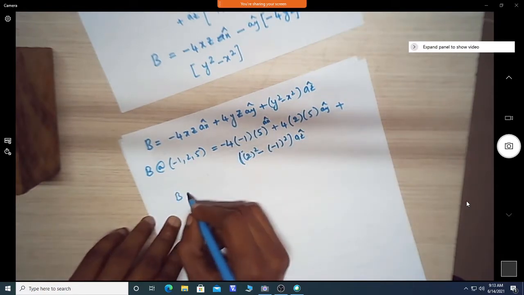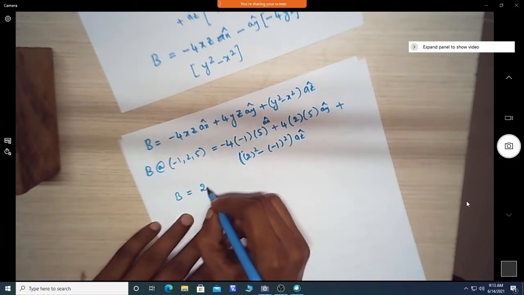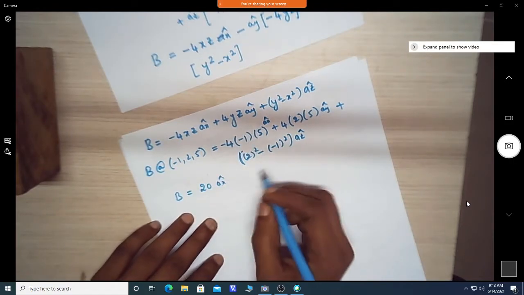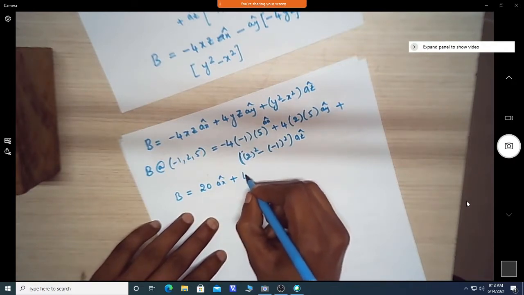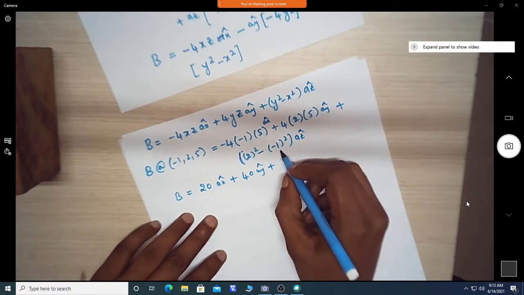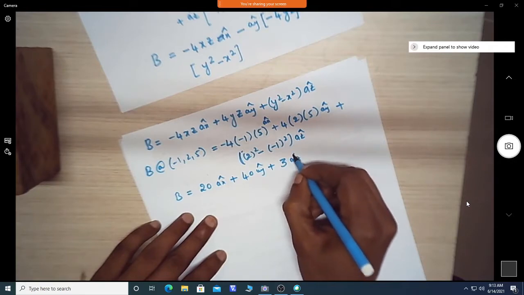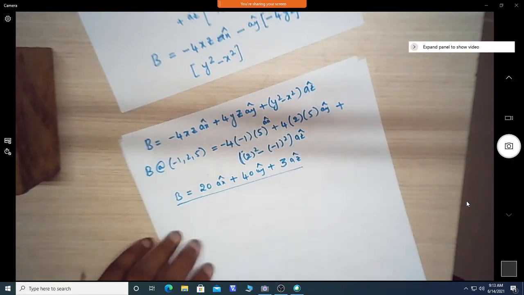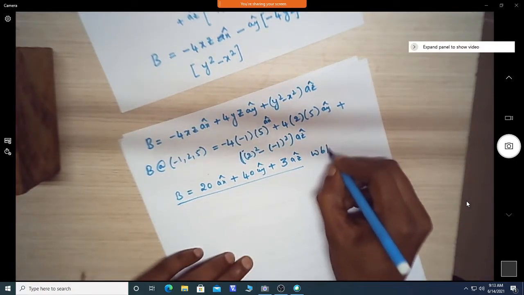So now B equals 20 ax plus 40 ay plus 4 minus 1, that is 3 az. So this is B at point minus 1, 2, 5. This is Weber per meter square.